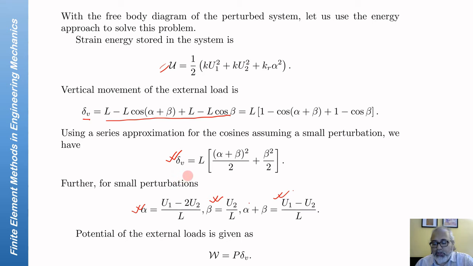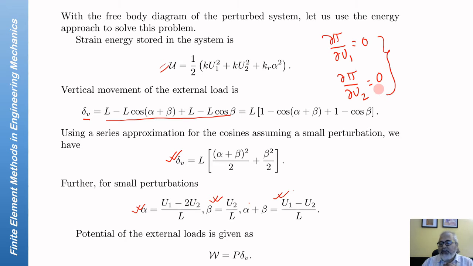U minus W has to be a minimum. Now there are two generalized displacements, u1 and u2. So we will have to calculate del pi del u1 equal to 0 and del pi del u2 equal to 0, and these would give me the equations of equilibrium.